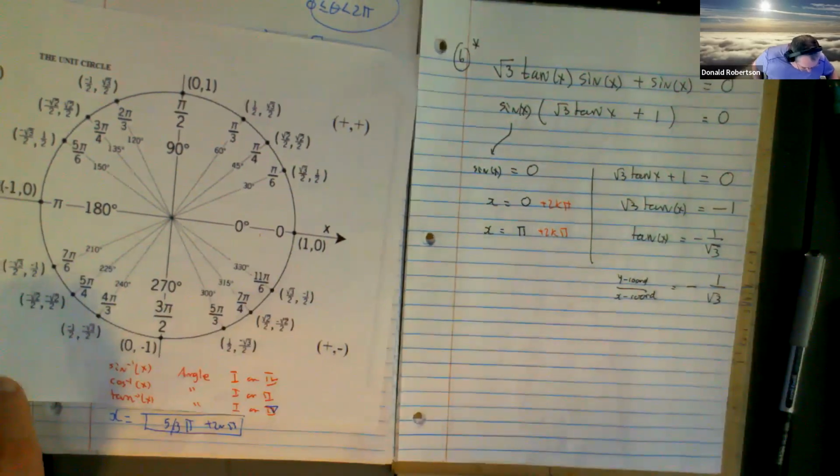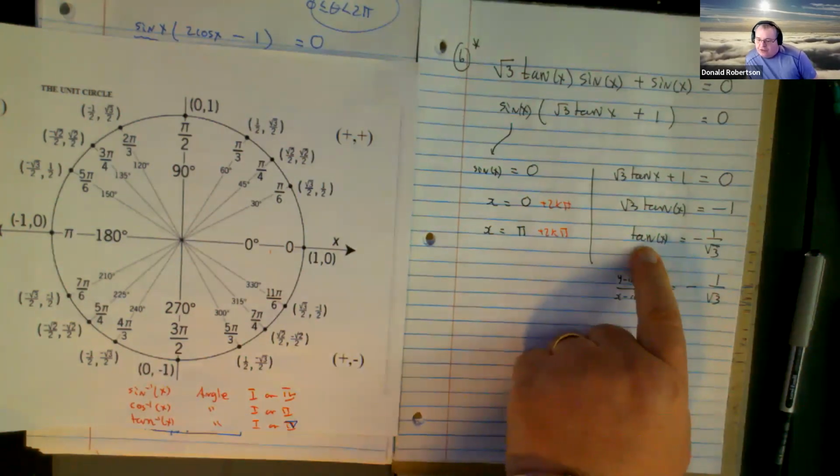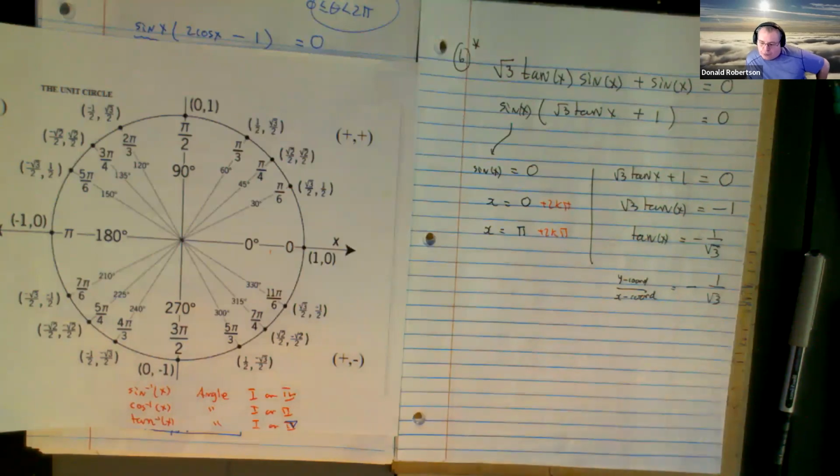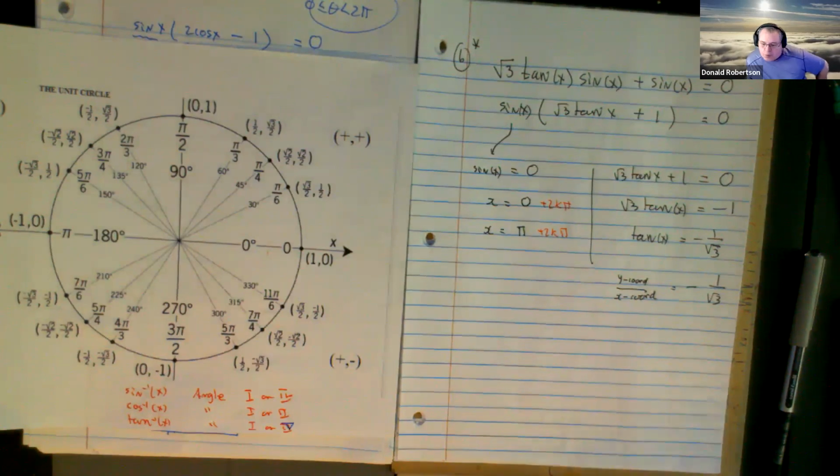Well, I can make my life a little bit easier by only looking at places where the answer has to live. Since this tangent is negative, which are the 2 quadrants where the angle x has to be? Because there's only 2 places where the tangent is negative. So 1, 2, 3, 4. Give me one of the quadrants where the tangent is negative.